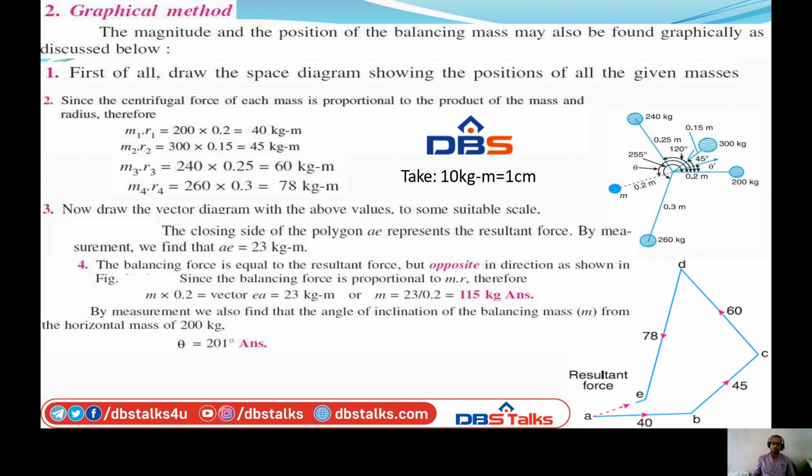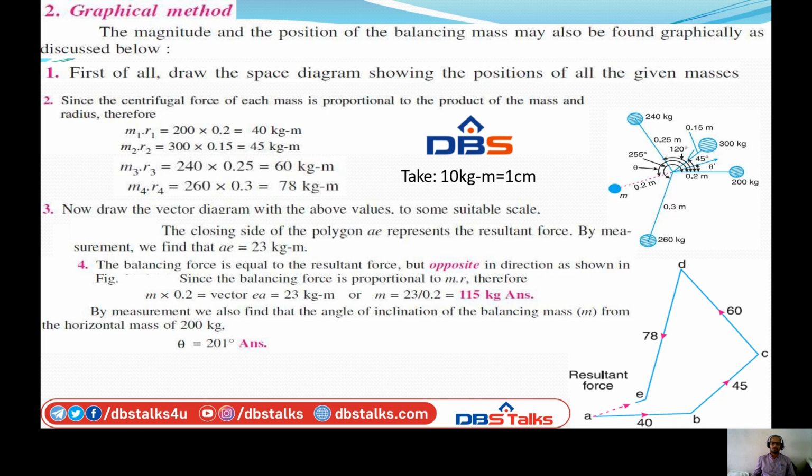Then from C, we have to again draw the centrifugal force as 60 kg meter, that is 6 centimeters, with respect to the reference at an angle of 120 degrees, or otherwise from the second mass line, that is the BC line, it is an angle of 75 degrees.